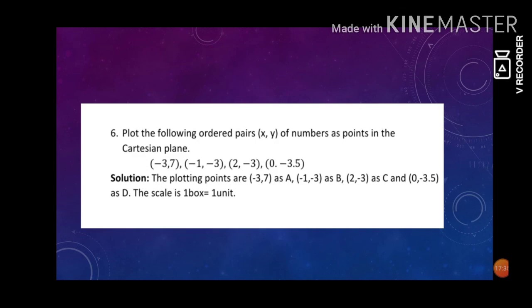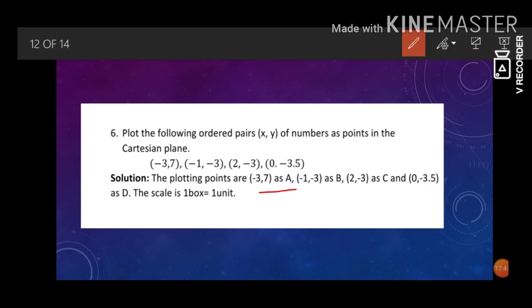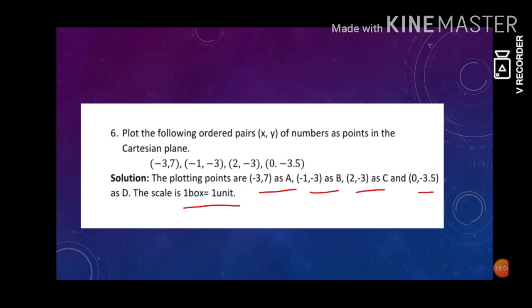Lastly, we have to plot the following points in the Cartesian plane. So here the point minus 3 comma 7 is taken as A, minus 3 comma minus 1 is taken as B, 2 comma minus 3 as C, and 0 comma minus 3 by 5 as D. And I have written the scale as 1 box equals 1 unit for both the axes, the x-axis as well as the y-axis.